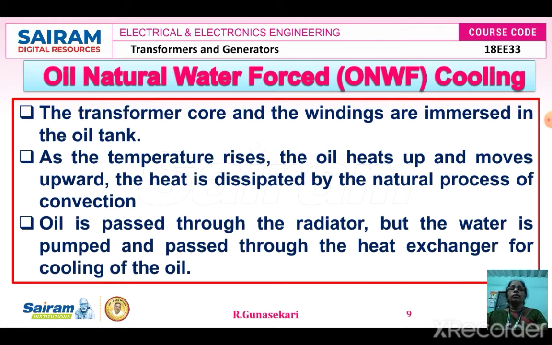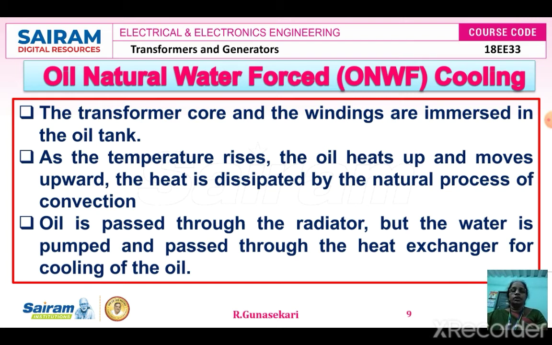Then oil natural, water forced type of cooling. In this method of cooling, the transformer core and the transformer windings are both immersed in the oil tank of the transformer. Suppose the temperature of the core, the windings and the tank rises beyond the standard level.